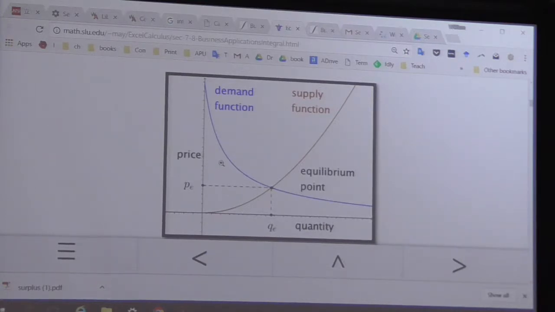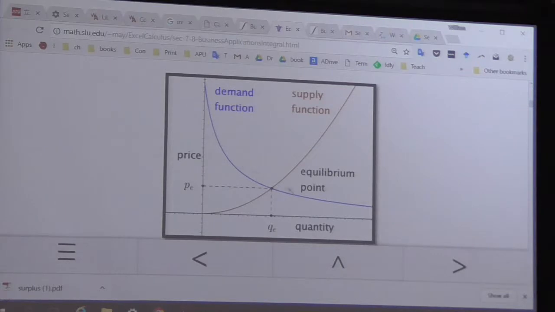So what does this blue curve mean? It's called the demand curve, and we thought about it before, and we said that it should be downward sloping, right? Why should it be downward sloping? That means that as the price decreases, we expect the quantity to increase.